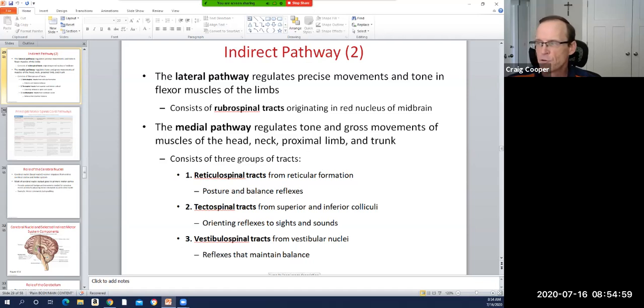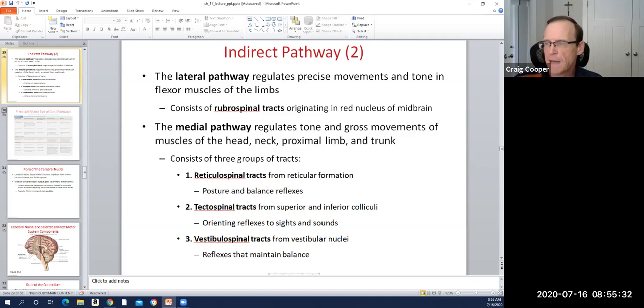And that's going to help control precise movements and some tone in our flexor muscles. So things like biceps, triceps, finger flexors, toe flexors, plantar flexors in the ankle and calf. Our hamstrings would be our knee flexors. So it's going to help control those things. Again, if we're thinking about maintaining standing posture, we need to balance out flexor and extensor tone to keep the joints lined up the way that we want them to be lined up.